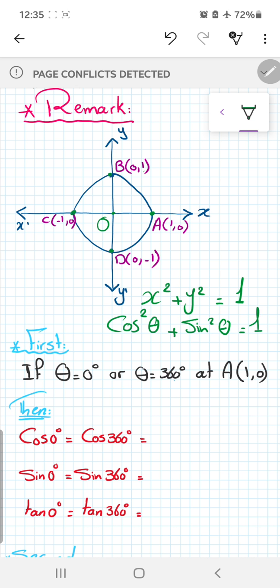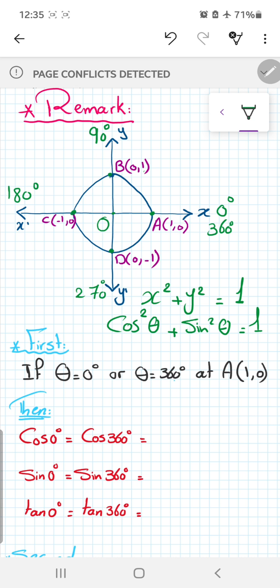We want to get cosine, sine and tan at the measures 0 degree, 90 degree, 180 degree, 270 degree, and finally 360 degree. Here cosine 0 equals cosine 360, as 0 and 360 degree are two equivalent angles.